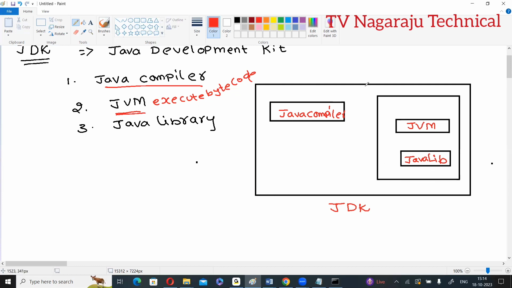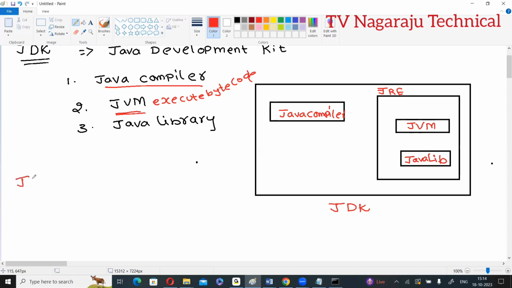This entire box is called JRE, Java Runtime Environment. Now follow step by step. JDK is the overall software. The software consists of a Java compiler along with JRE.